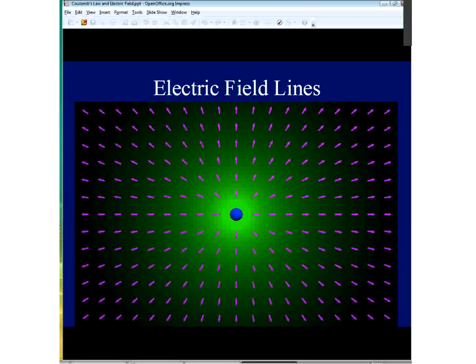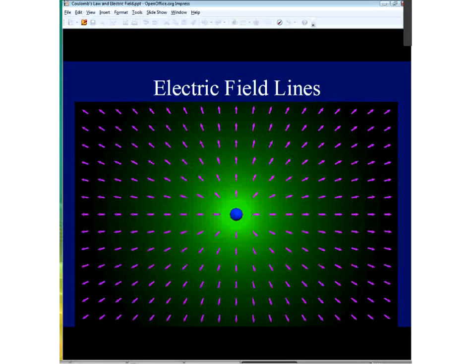And one more thing. I can have many charges also. So if there are many charges, and the charge is higher, say 8 coulomb charge versus 4 coulomb charge, then we will show double field lines from the 8 coulomb charge in comparison to the 4 coulomb charge.